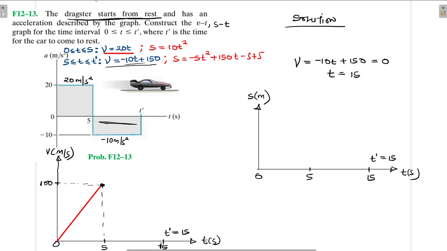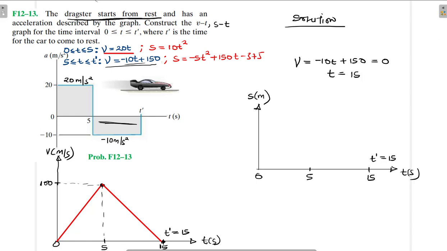Then from this point onwards, we have this equation, minus 10t plus 150. We equate it to 0, velocity is equal to 0, it will hit this point. So from here, this will bend over to somewhere there like so.